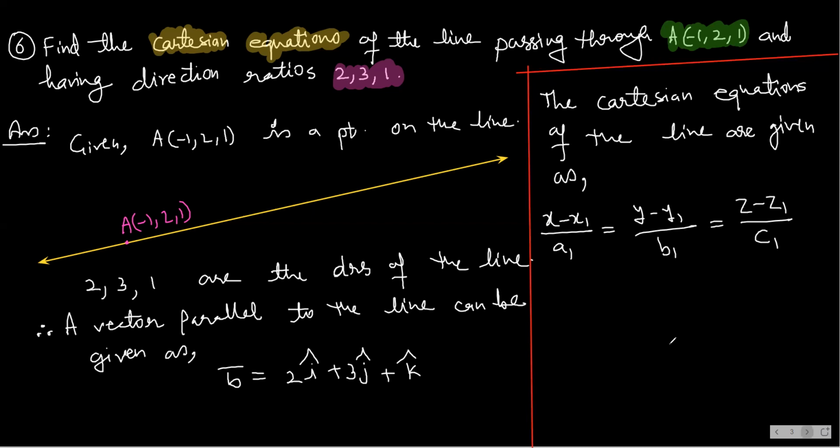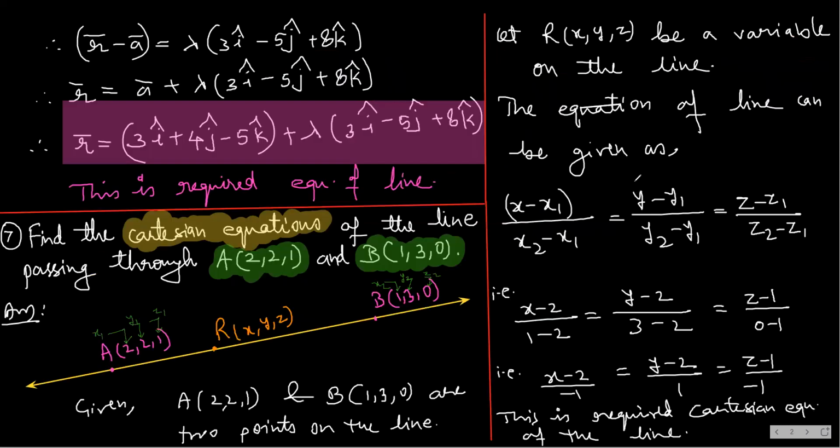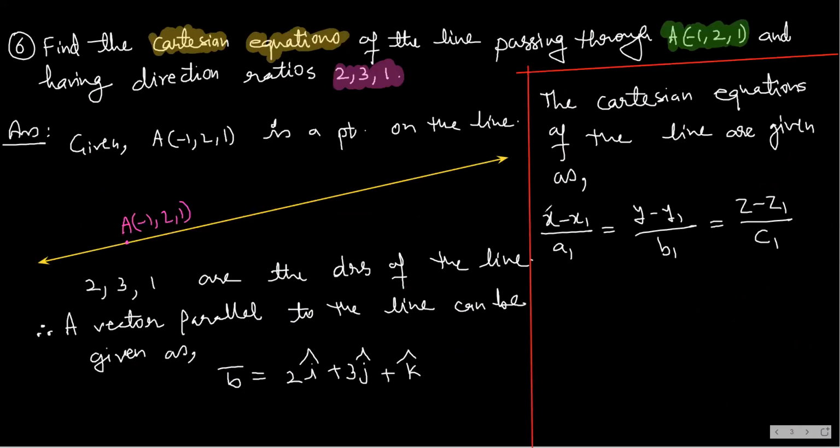Now, if you compare this with the previous question where you had 2 points on the line, you will notice that the numerator remains the same. See, x minus x1, y minus y1, and z minus z1. But the only change is in the denominator.